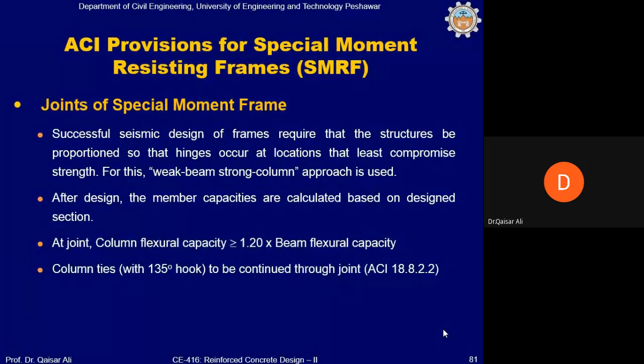So in order to, and you know that this inelastic deformations, cracking, and yielding of the steel will occur in this region, both in beam and column. So the ACI code wants to make sure that if this inelastic deformations, cracking and yielding occurs, then the failure shall occur within the beam region of the connection instead of the column part of the connection.